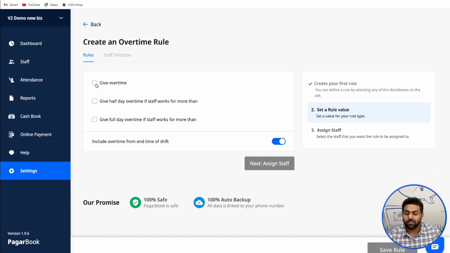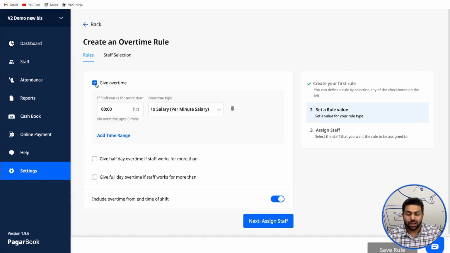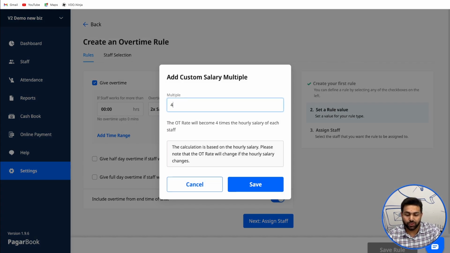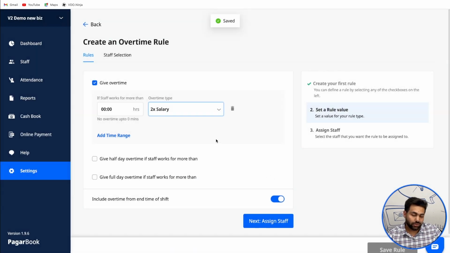Also in overtime we have an extra option, that is we can set a multiplier for overtime. So let's suppose the employer wants to give 1x salary or 2x salary or 3x salary, he can define from here. So here he can set 1x salary, or he can set 2x, or he can add any multiplier, let's suppose 4, and he can save. So accordingly the amount will be given to staff.